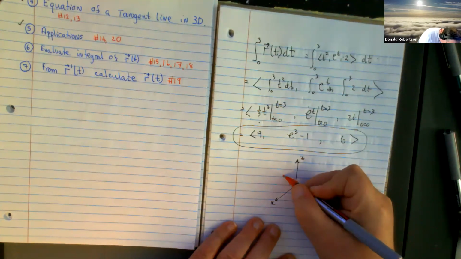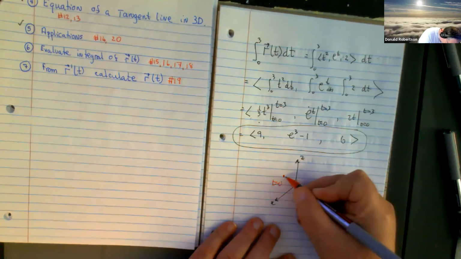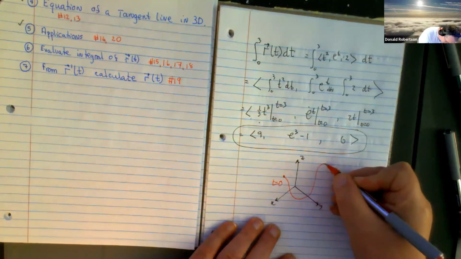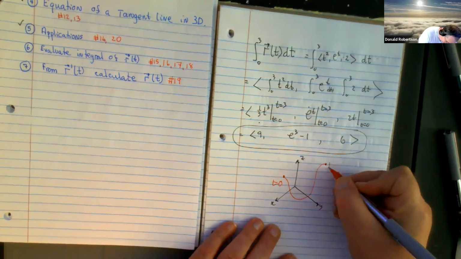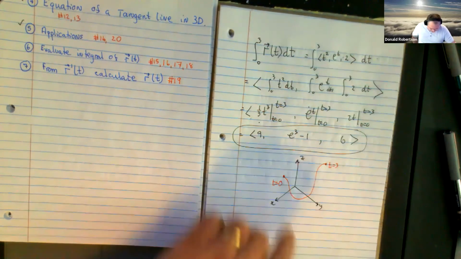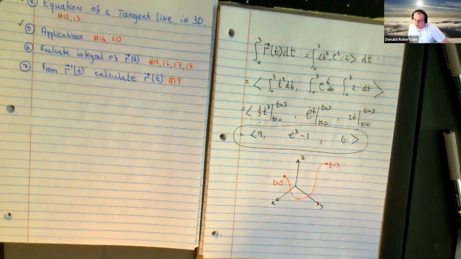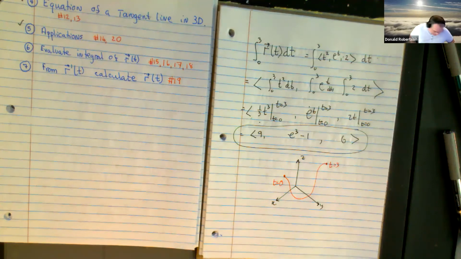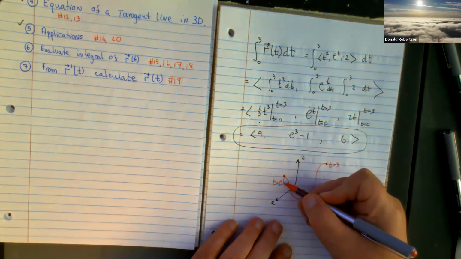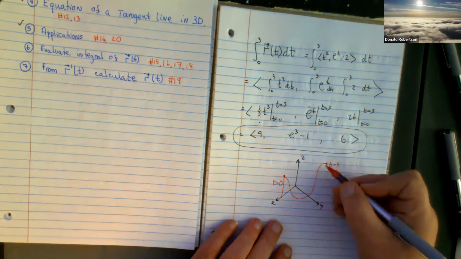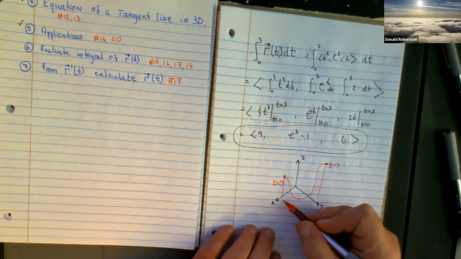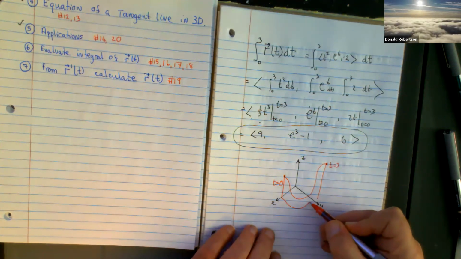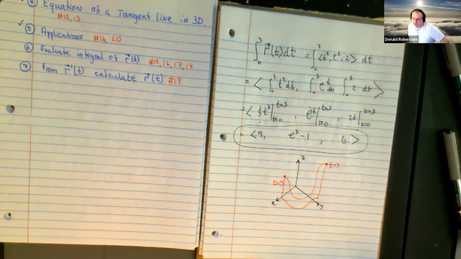Imagine that you started at t equals 0 here, and your space curve did some things and it finished up here at t equals 3. So imagine that's the bit of the space curve you're going to integrate. And to make things relatively simple, I'm keeping the whole thing above the xy plane. Now, if you drop this point down and this point down until they hit the floor, can you imagine that you might have a curved wall that looks like that?